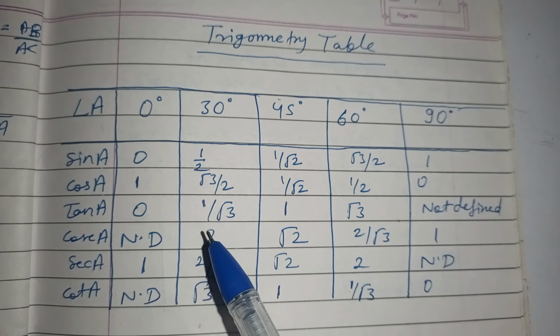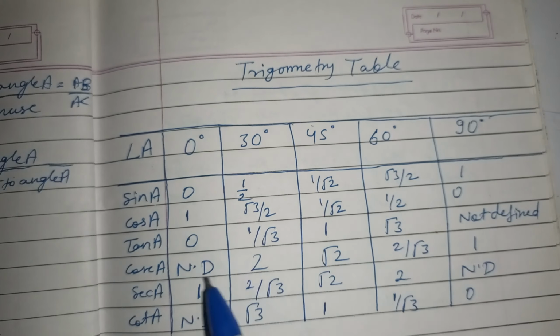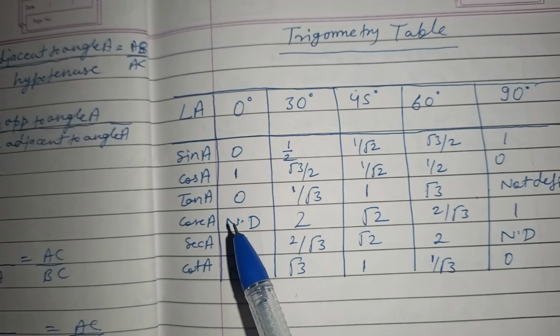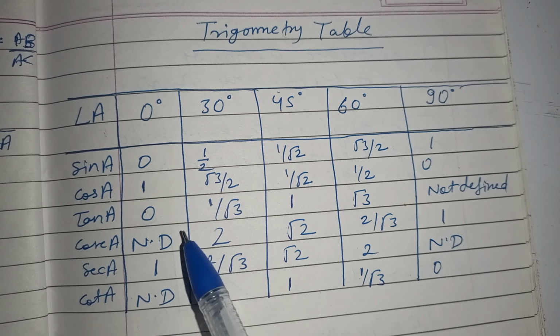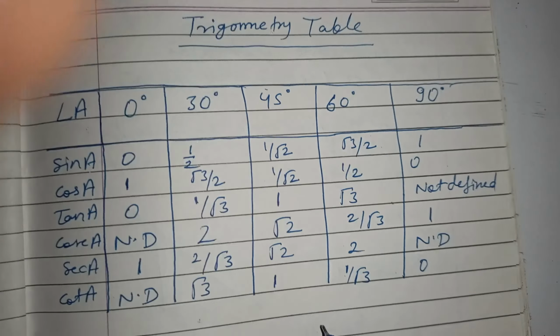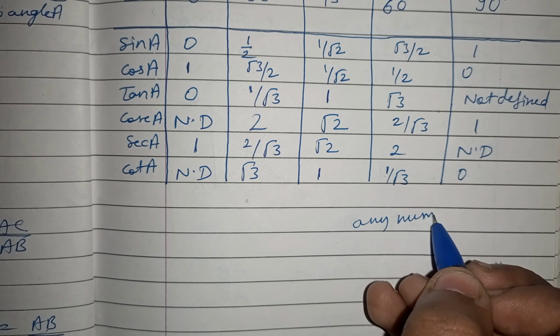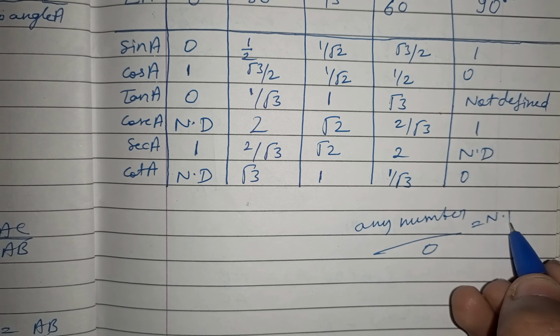So tan 60 will be root 3, tan 90 will be not defined. If we talk about cosec A, which is 1 upon sin A, cosec 0 is not defined, because any number upon 0 is not defined.